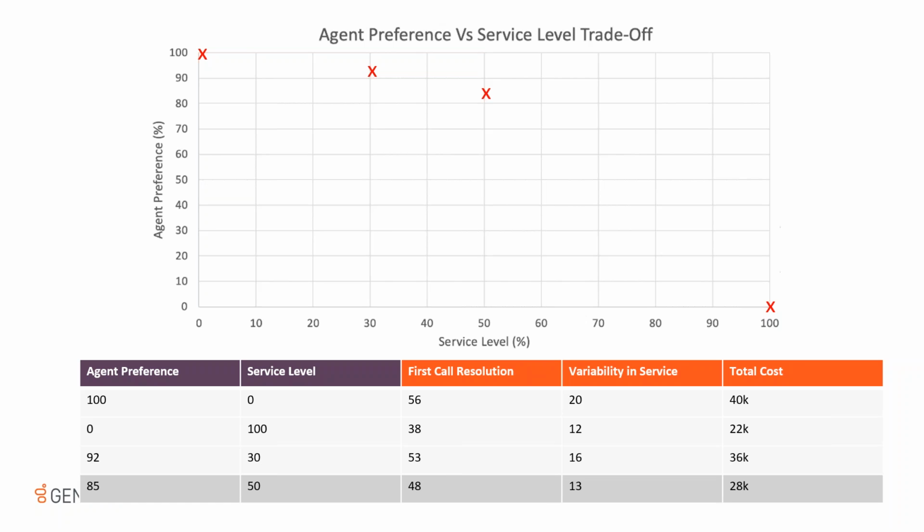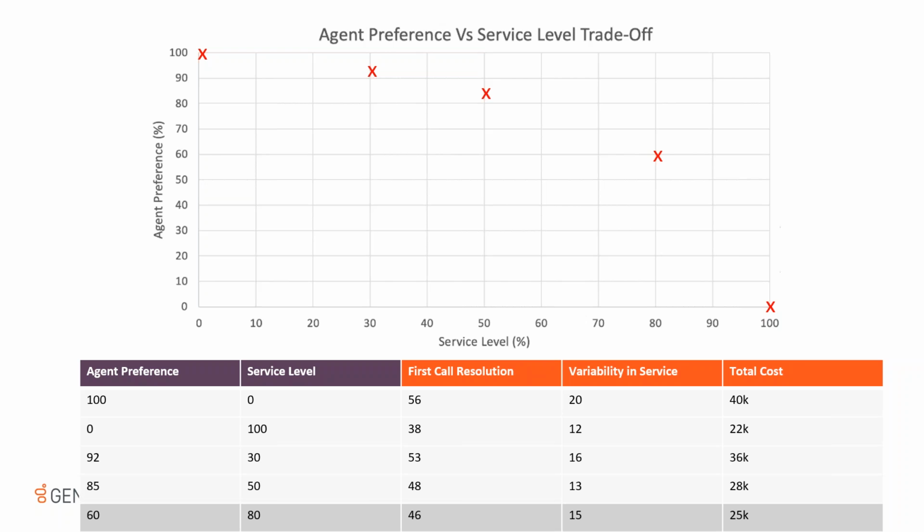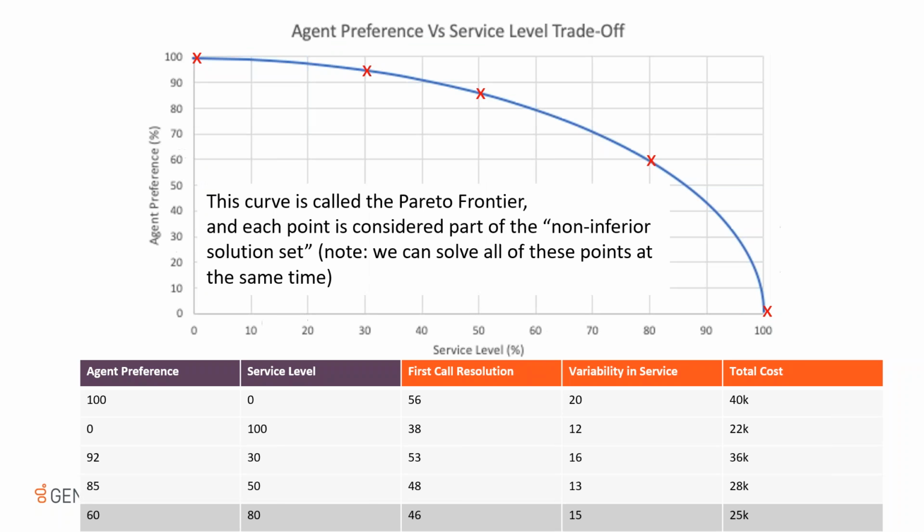Or I can run it the other way, 20-80, and get a data point like this. And what you end up with is a curve. There's a name for it: it's called the Pareto Frontier. Each point is considered part of the non-inferior set. What that means is, in order for me to improve one of my objectives and move along this curve, I have to get worse on the other objective. So this curve represents something very significant.